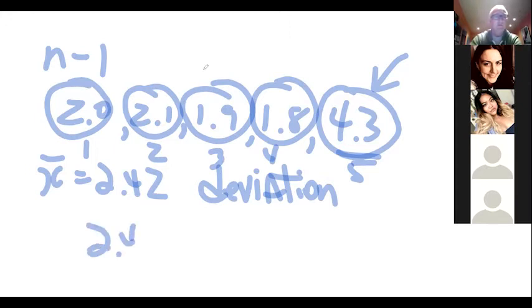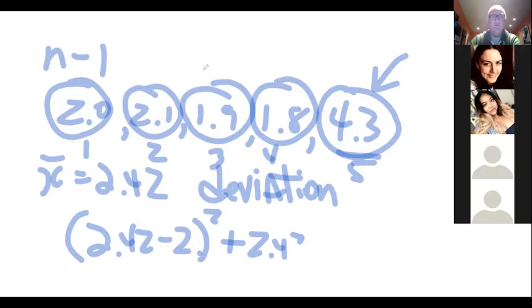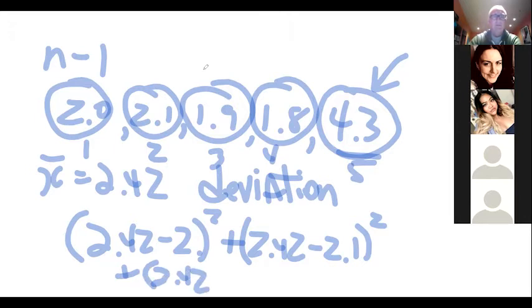So 2.42 minus 2. We're going to take the square of that. And to that, we're also going to add 2.42 minus 2.1 and take the square of that, plus 2.42 minus 1.9 and take the square of that.